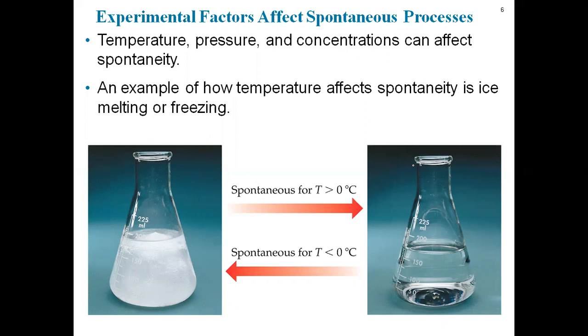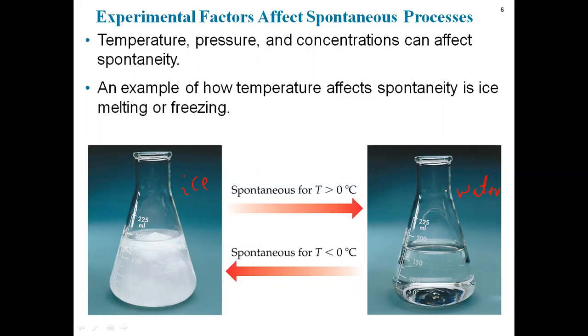You can see in this picture on the screen, if you have H2O, here is ice, and here is the water, then if you keep the pressure constant and keep the amount of material the same, we can control the spontaneity by controlling the temperature, as common sense tells us.